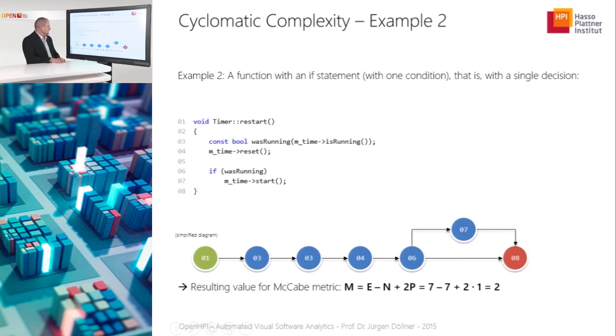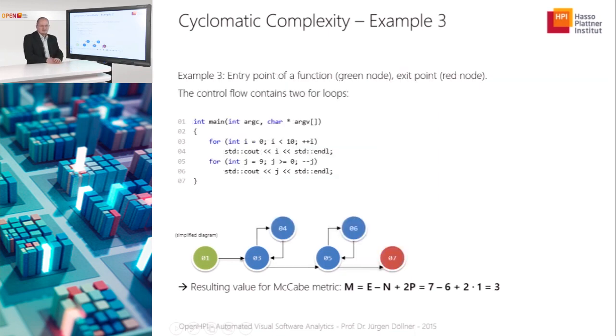If we count the nodes, we end up with 7 nodes and 7 edges. So the cyclomatic complexity results to 2. Any implementation that is linear but has, for example, 1 if statement has a cyclomatic complexity of 2. If you have more if statements, accordingly the cyclomatic complexity increases.